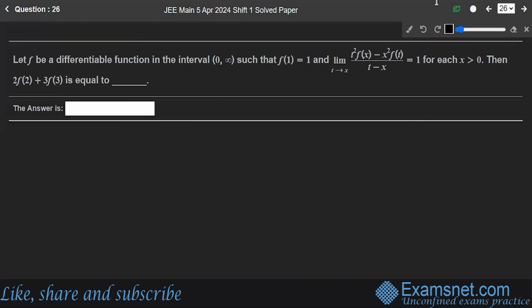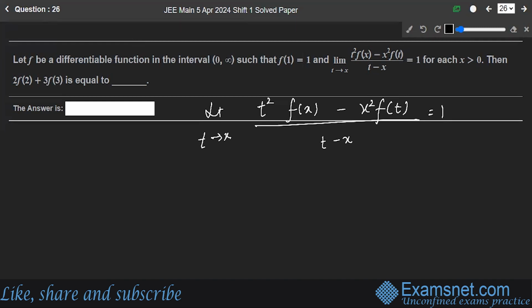Question number 26. Let f be a differentiable function in the interval this such that f of 1 is equal to 1 and limit of this function is equal to 1 for each x greater than 0. Then the value for this expression is equal to. You have limit t approaching x, t squared f(x) minus this thing upon t minus x, is equal to 1.